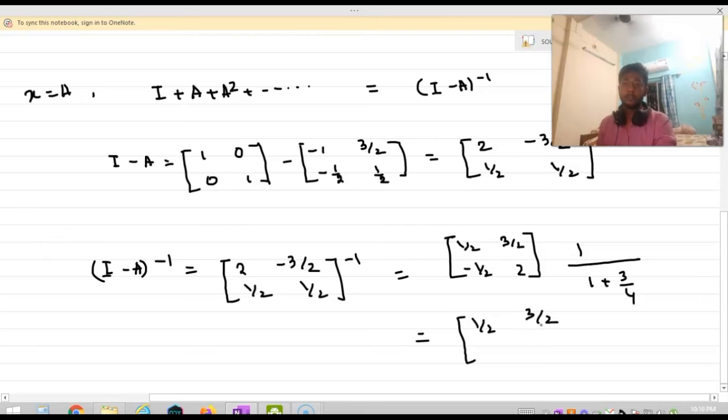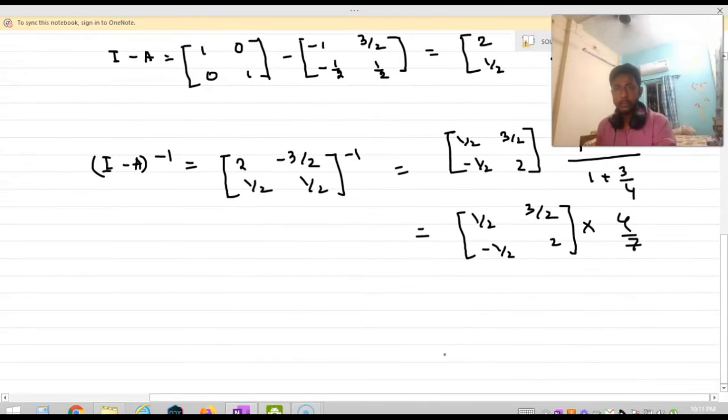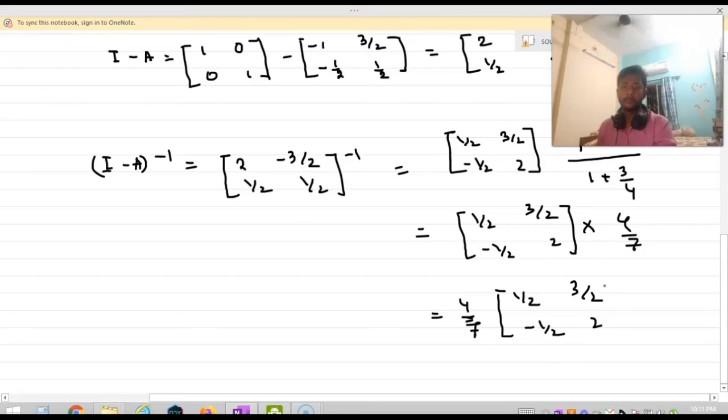So this is equal to the matrix 1 by 2, 3 by 2, minus half and 2, multiplied by 4 by 7. We can write this as 4 by 7 multiplied by the matrix 1 by 2, 3 by 2, minus 1 by 2 and 2.